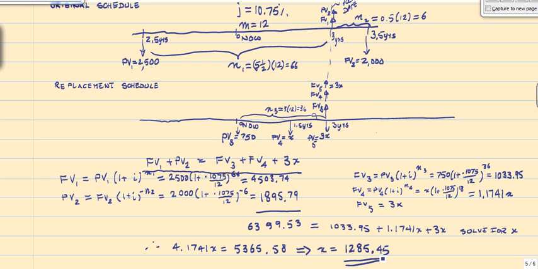X is going to be equal to 1285.45. So now we're going to say that the replacement schedule is going to be 750 plus 1285.45 a year and a half from now, and 3 times 1285, which is roughly $3,800, 3 years from now.